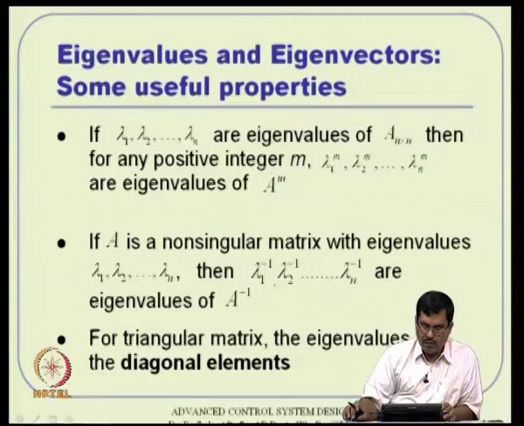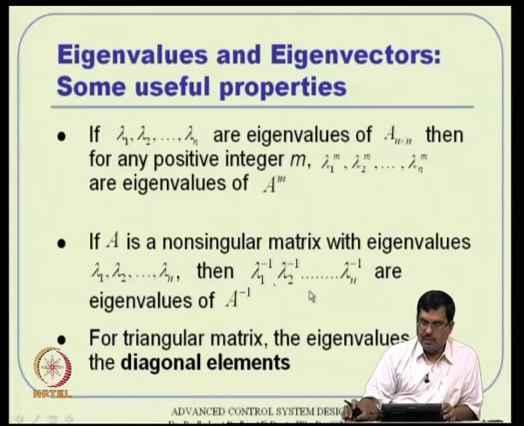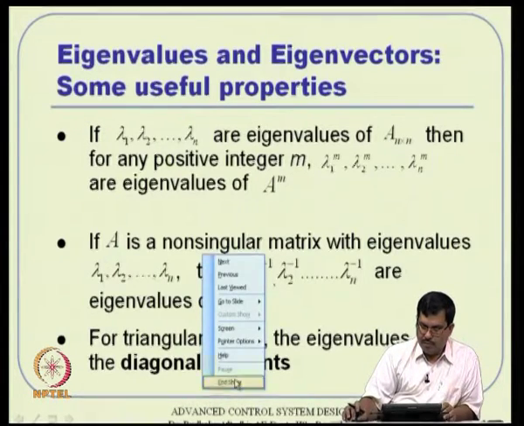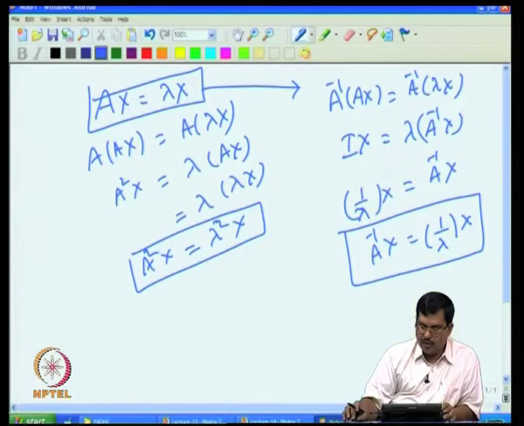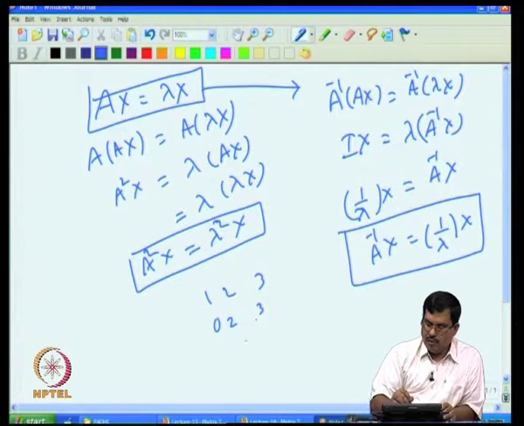Okay. If you go back to the definition, suppose I have a triangular matrix, then this equation is nothing but lambda minus the diagonal element 1, lambda minus the diagonal element 2, like that actually. If you want an example, let us take the matrix with rows 1, 2, 3, then 0, 2, 3, and 0, 0, 3.